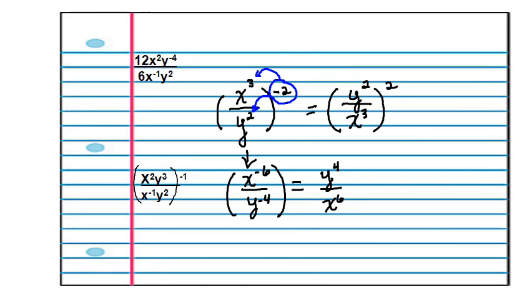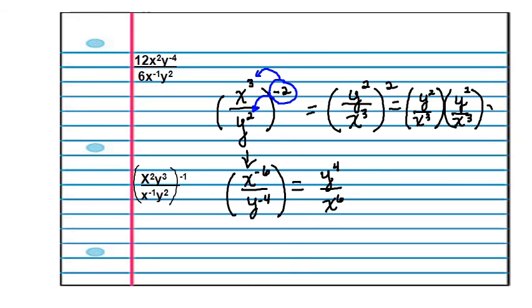If we were to expand and condense the top here, I'm just going to show you that basically you end up with the same thing. There's just kind of 3 different ways to get there. Just use a rule, you'll be okay. So this is actually y to the 2nd times y to the 2nd over x to the 3rd times x to the 3rd there.